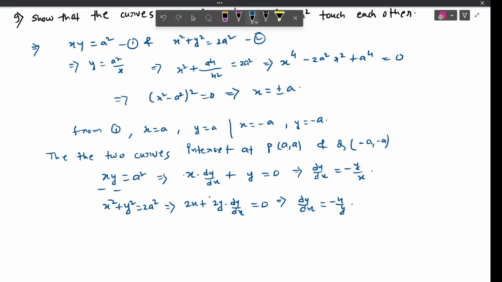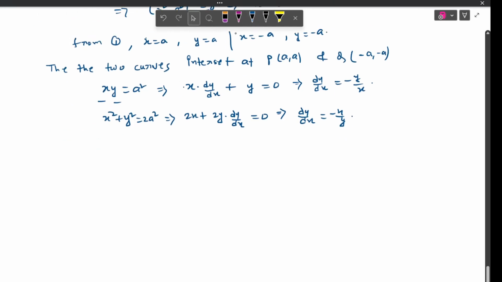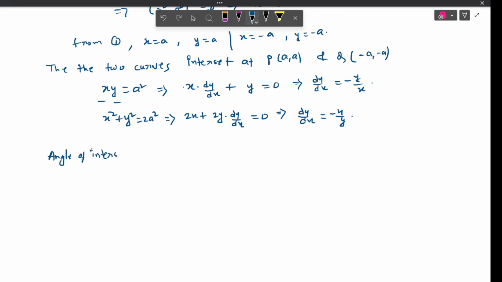Now we need the angle of intersection at point P. So let us say angle of intersection at P(a, a). Okay.